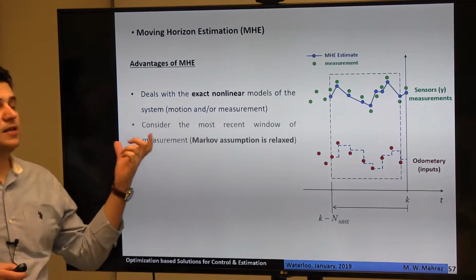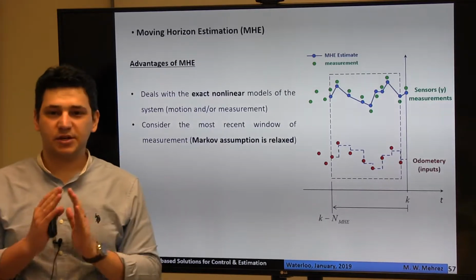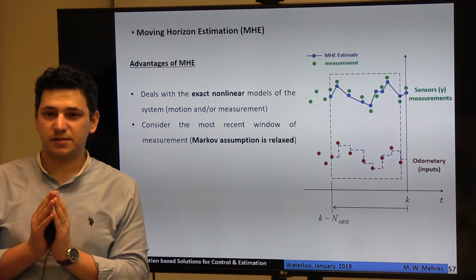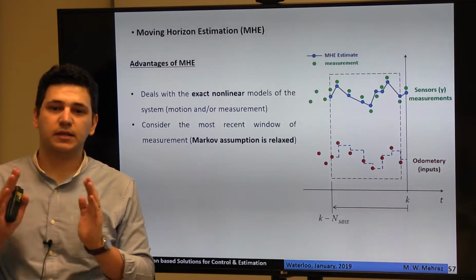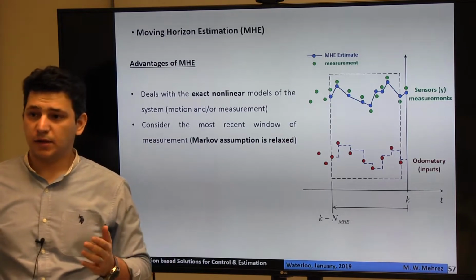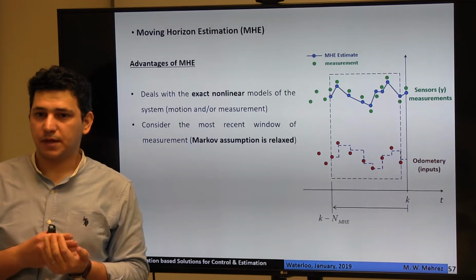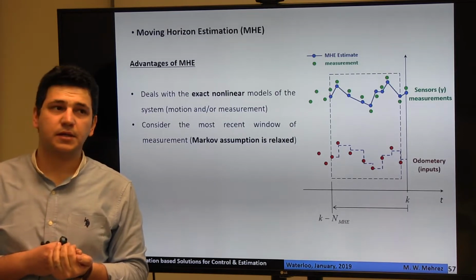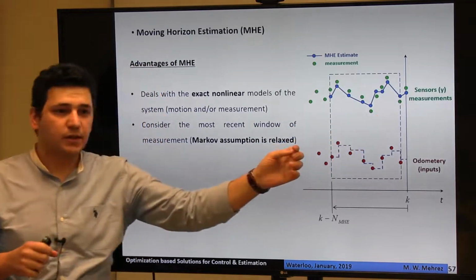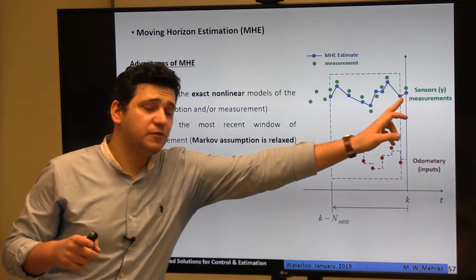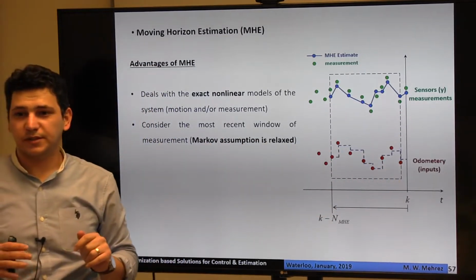The second thing is that it relaxes the Markov assumption, right? Markov assumption means that the current state depends only on the previous state and on the applied control action, so the current estimate of the state is enough to estimate the next state value.